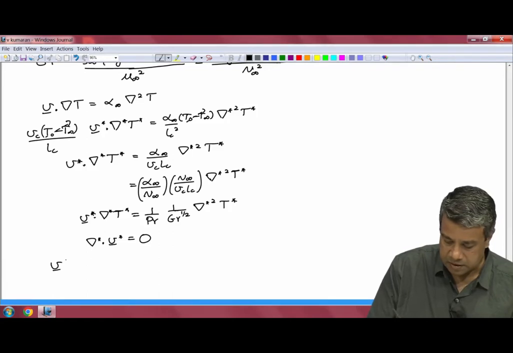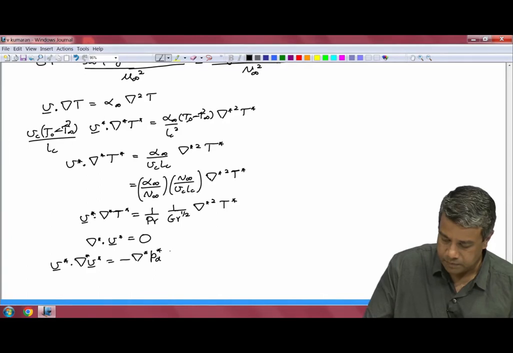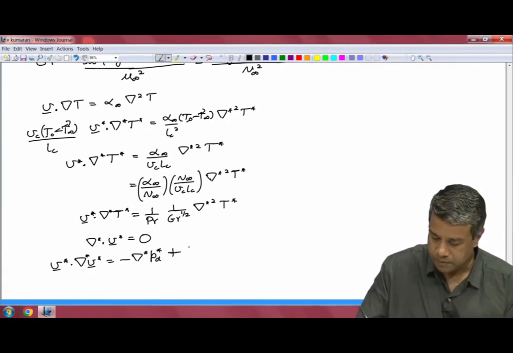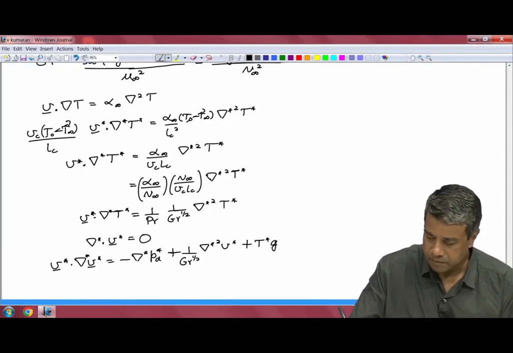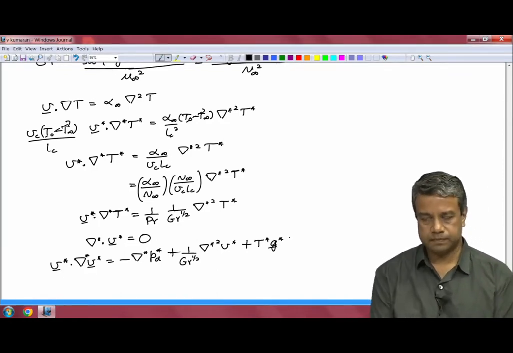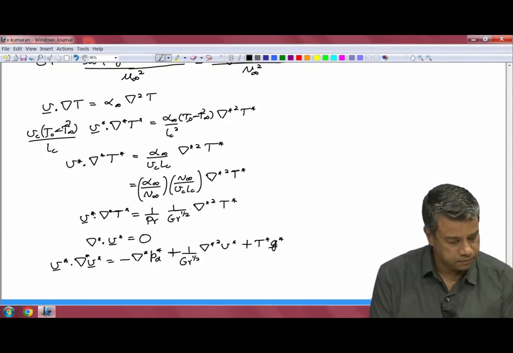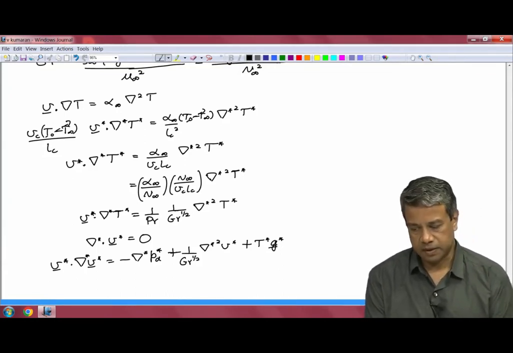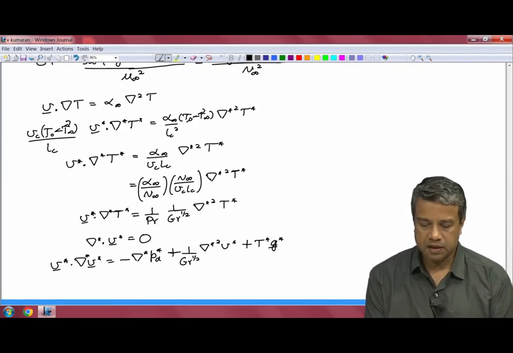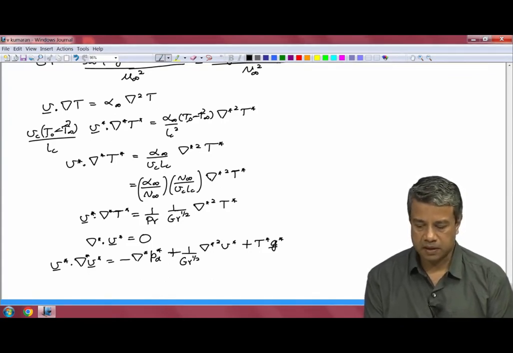Momentum conservation equation is, so, this is the momentum conservation equation. So, this contains two parameters, the Grashof number and the Prandtl number.